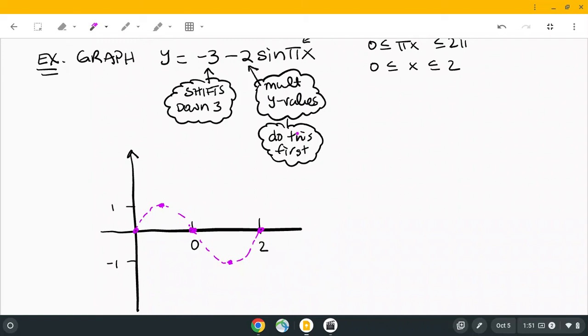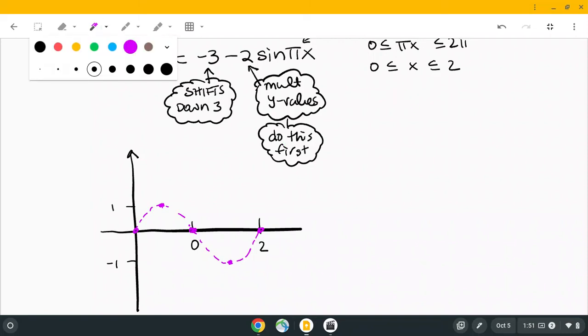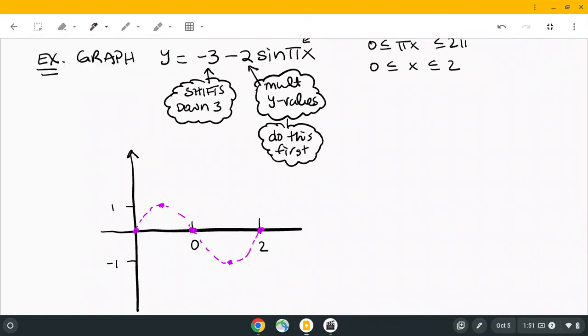All right, so we have to multiply the y values by -2. Okay, so let me add more stuff to the axes. All right, so let me draw this longer.